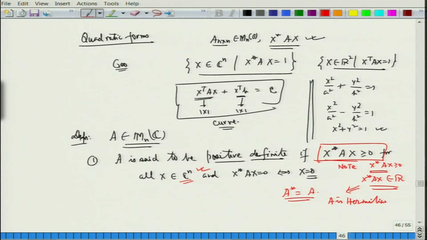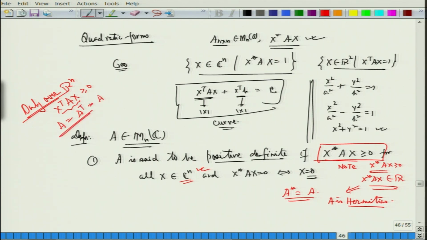But when I want to study only over real numbers, only over Rn, if I am looking at x transpose Ax greater than or equal to 0, then whatever A you choose, this will always be a real number. So when I want to study quadratic forms over real numbers, I will assume that A is equal to A transpose, so A is symmetric.